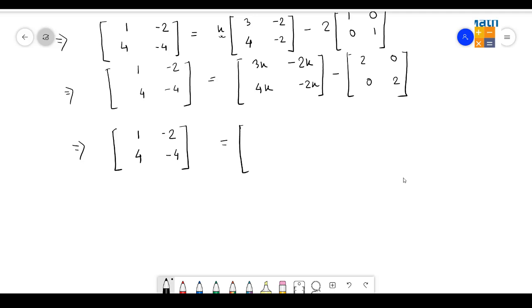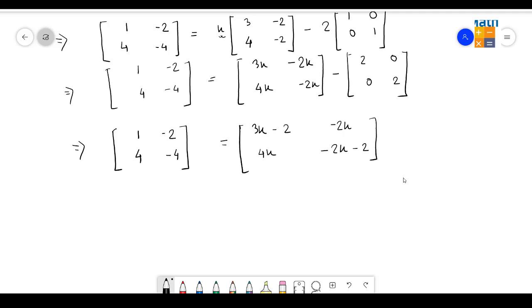Corresponding elements are to be subtracted. 2 should be subtracted from 3k. So 3k minus 2, here minus 2k minus 0 will be minus 2k. Then 4k minus 0 will be only 4k. Then minus 2k minus 2.